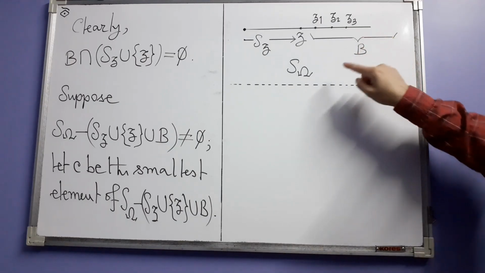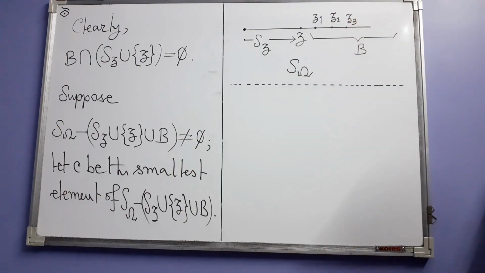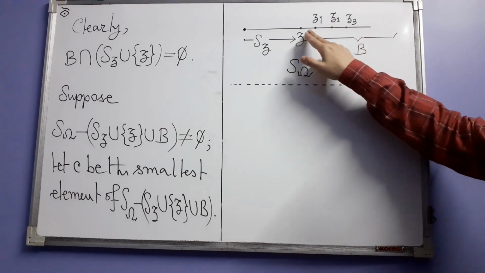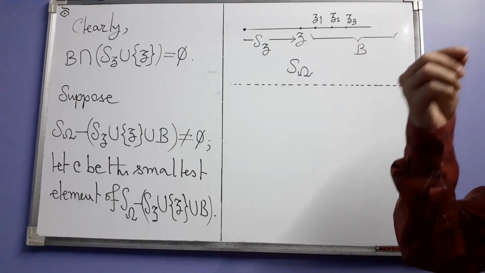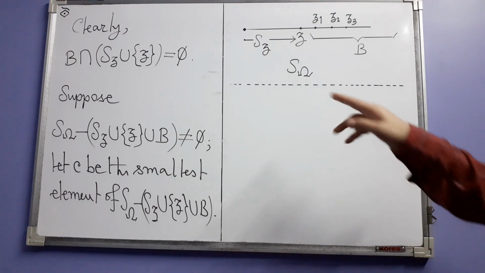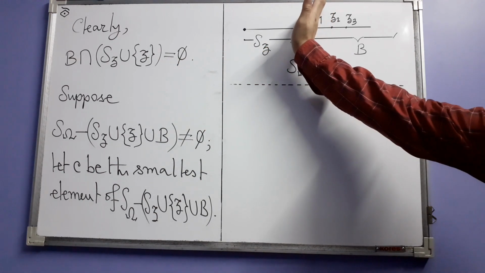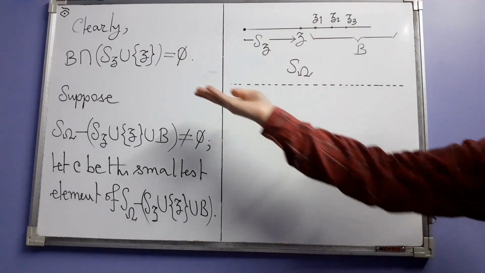However, what is the guarantee that S omega has something on that far side which is not captured within B? There is one thing at least though, that there is nothing in between these things, because these are successive successors. But maybe there is something else on that side. But this disjointness at least is clear. There is nothing common to this part and this part. This part is our B and this part is of course this union.